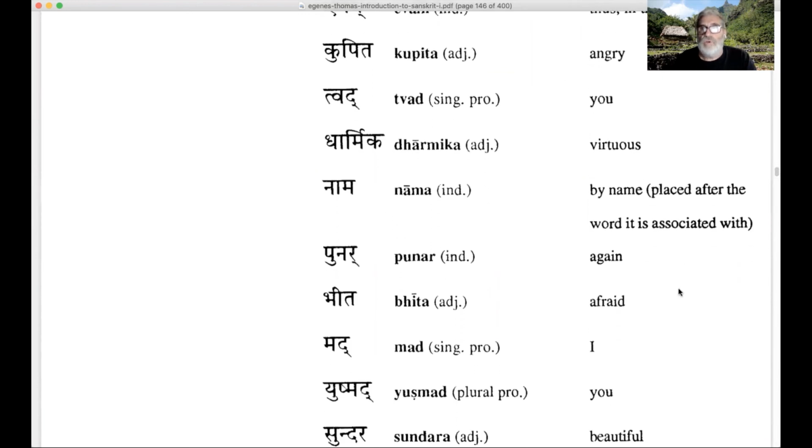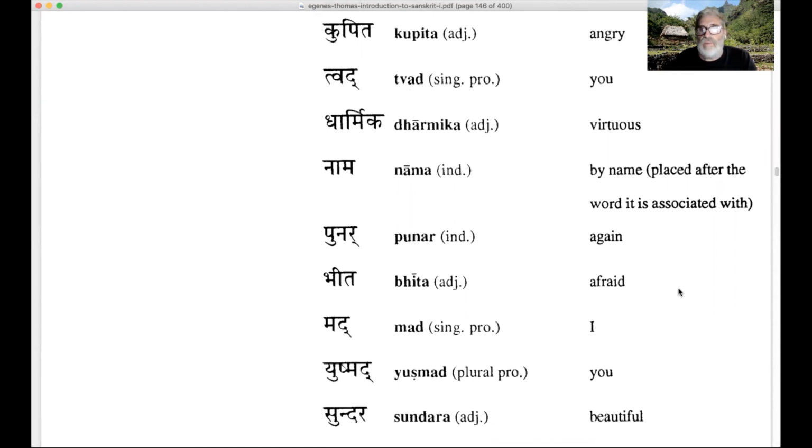So tvad means you, second person pronoun, singular, means thou. Dharmika is an adjective meaning virtuous. Nama is indeclinable, by name, placed after the word it's associated with. So Ayodhya nama, the city of Ayodhya, by the name of Ayodhya. Gramaha, Ayodhya nama, the village of the name Ayodhya.